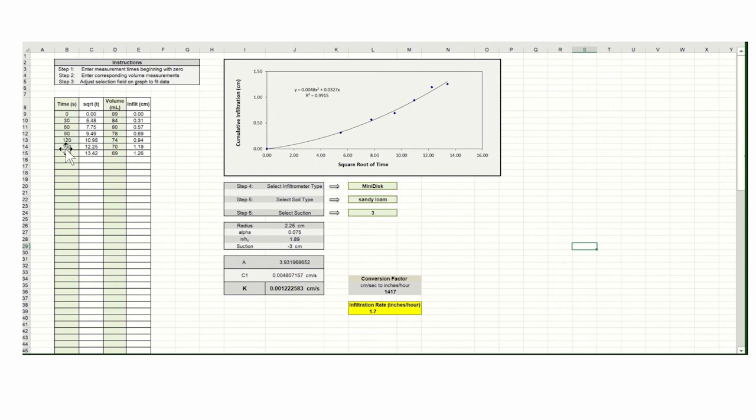As data are entered into the table, the infiltration is calculated automatically. Additionally, a graph showing the cumulative infiltration over time is also generated automatically, and it's the slope of this graph that, when adjusted based on our soil texture, gives us our final infiltration rate in centimeters per second, which, when we use a conversion factor, we can convert to give us our infiltration rate in terms of inches per hour.